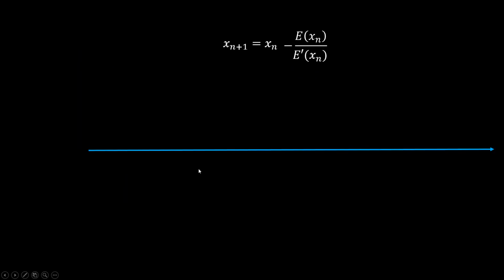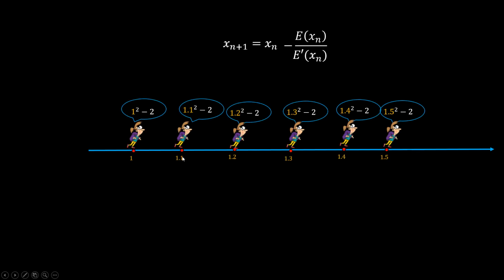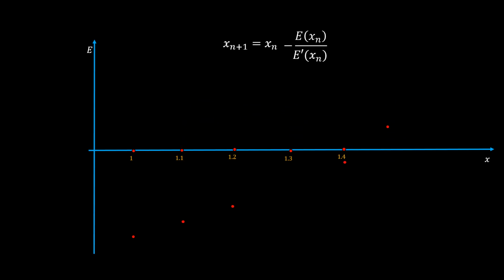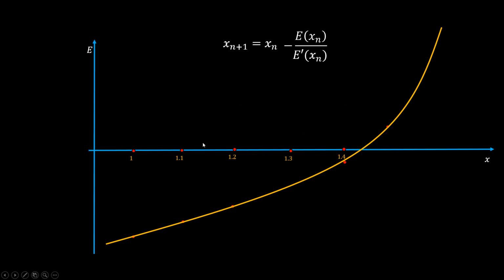Now let's see how it connects to geometry. At each guess, we calculate the error. We can put a point according to the guess and the error along the vertical direction. So we have a curve representing the relationship between the error and the guess. Now, at any guess, we can use this formula to calculate the error. This is the height here.